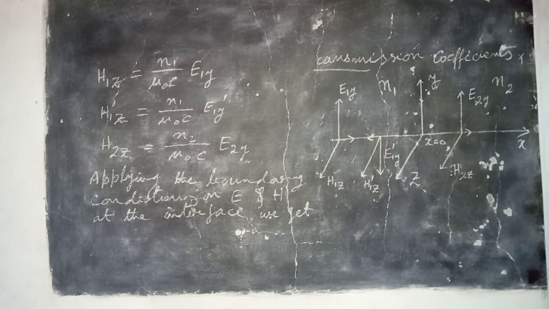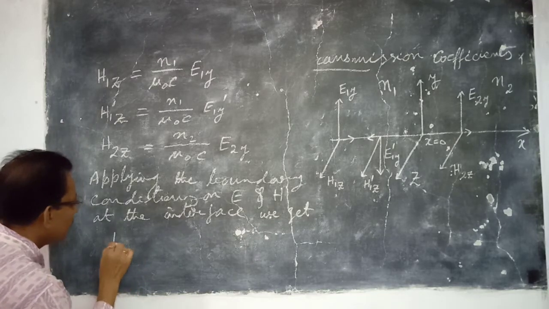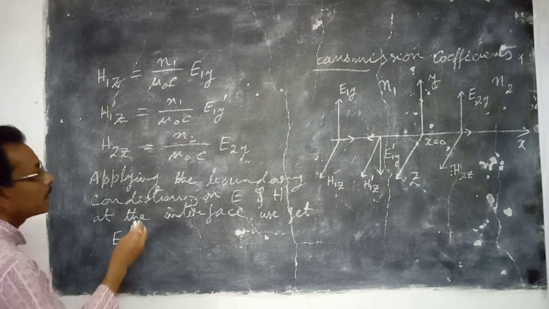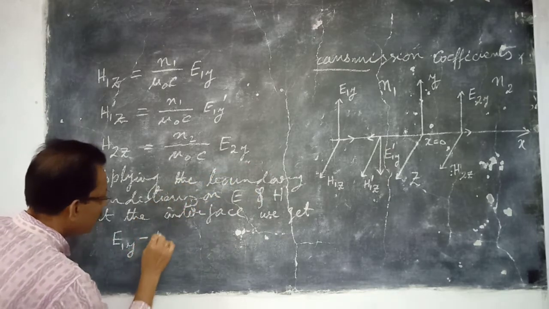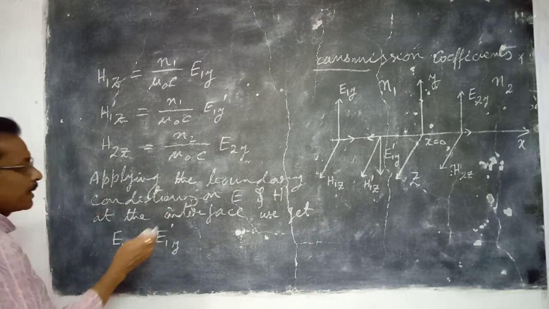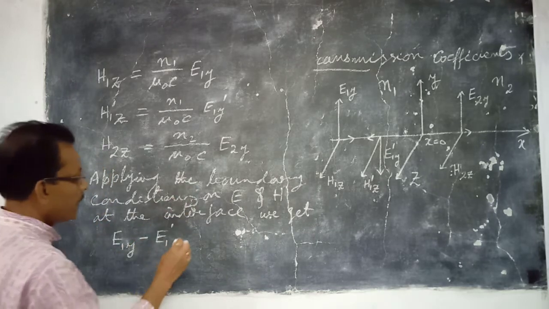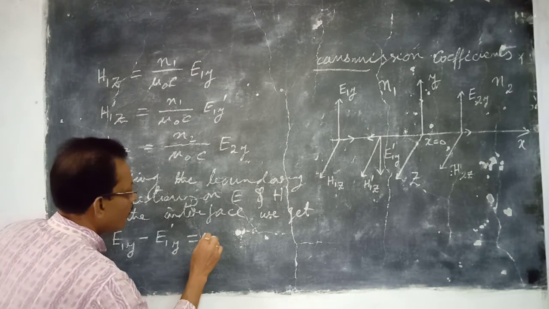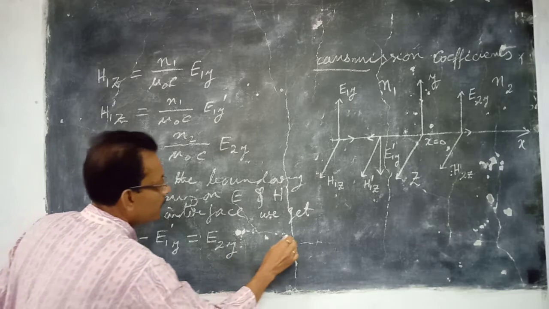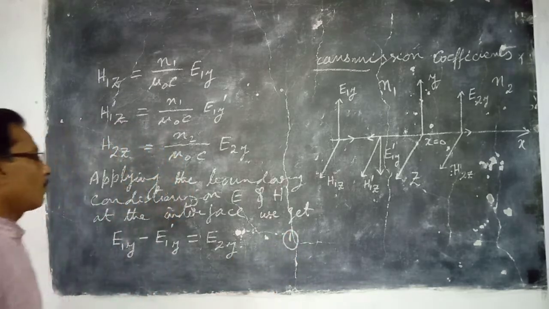Now, applying this boundary condition, we get E1y minus E1y prime, minus because it is in the negative y axis, equal to E2y. Suppose this is equation number 1.